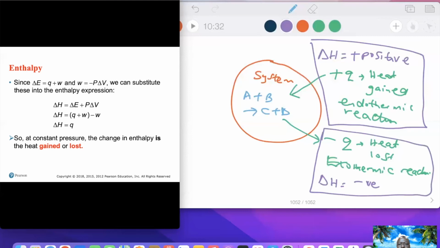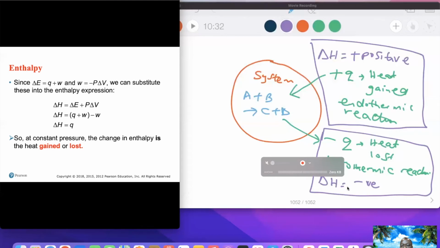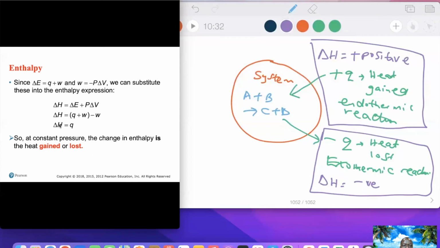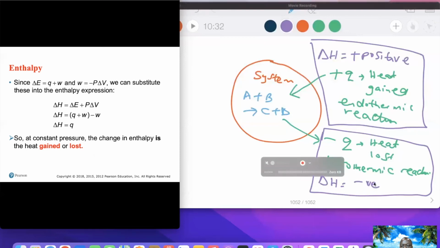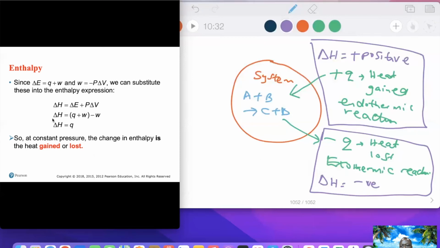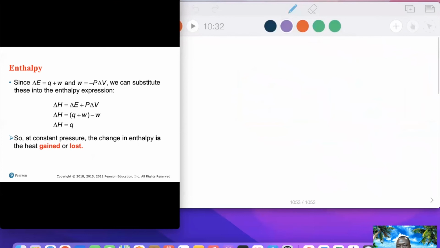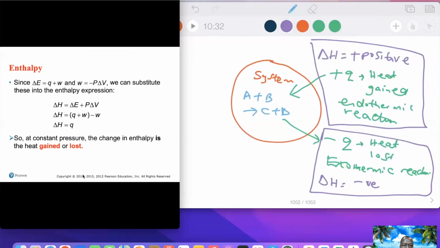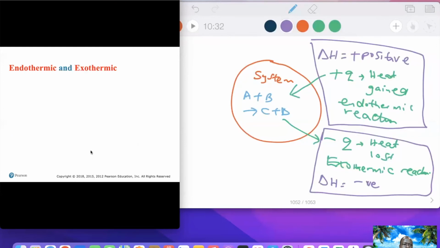You need to remember that a negative value for change in enthalpy of reaction means an exothermic reaction. Down the line, we'll reconcile with the numerical values.